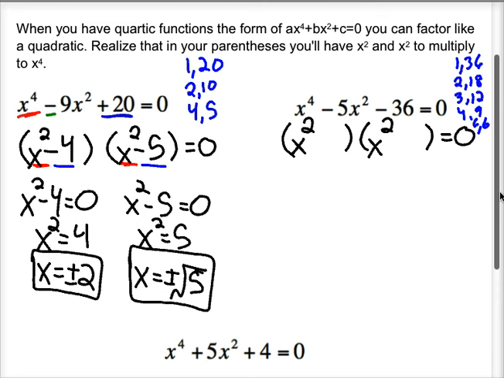So we need to find the one that when one of them is negative will give us a negative 5x squared. So when we add them together, we need one of them to be positive, one of them to be negative. And if we choose a plus 4 and a minus 9, that will end up adding to negative 5, just like we need it to.